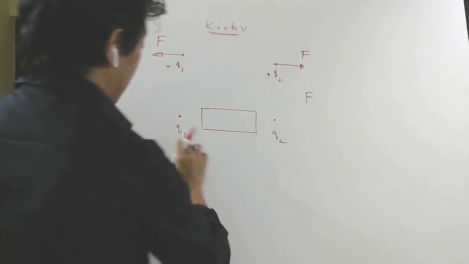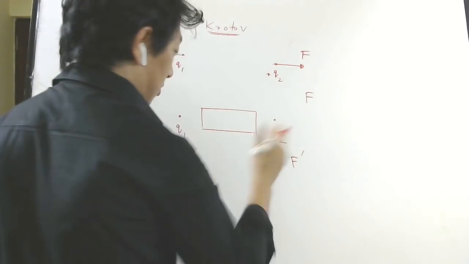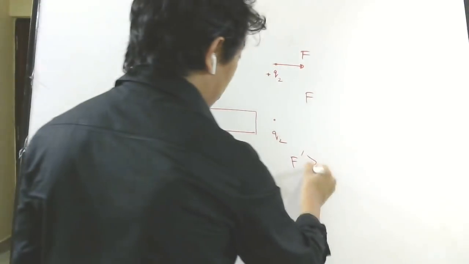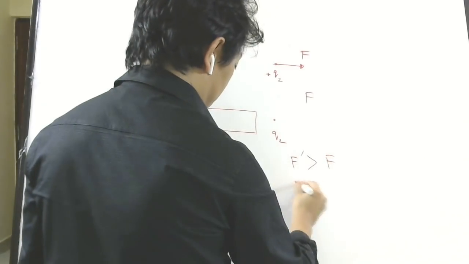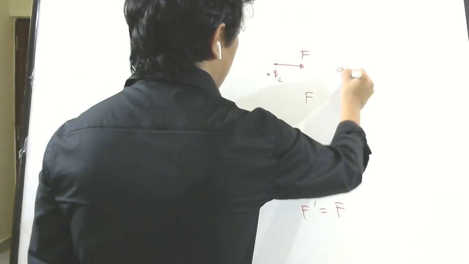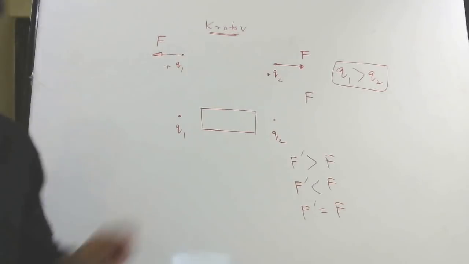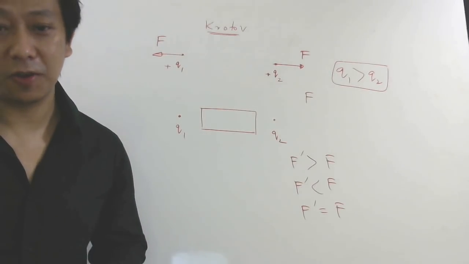Now you have to tell the resultant force on this or on this, your wish. Will it be more than this, less than this, or equal? And I will tell you that Q1 is greater than Q2. This you need; without this, you will not be able to answer. So try this question and let me know. Okay, thank you so much.